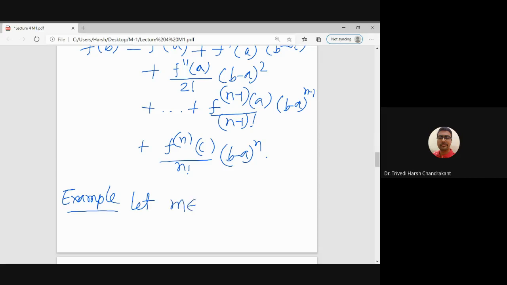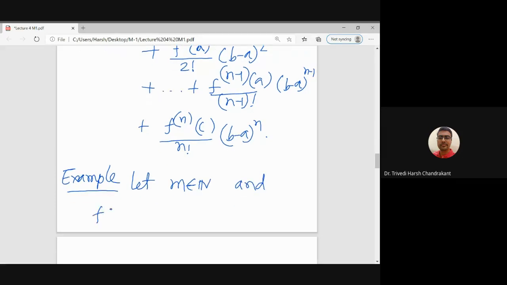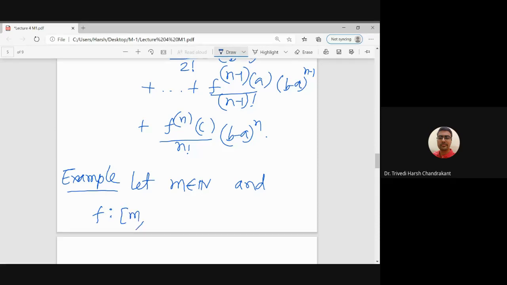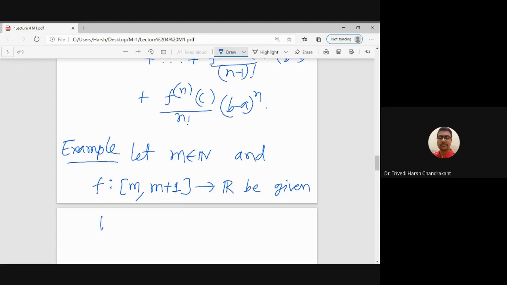So if you take m to be a natural number n, and we consider the closed interval m to m plus 1, and f from this interval to R be a given function defined by f(x) equal to square root x.